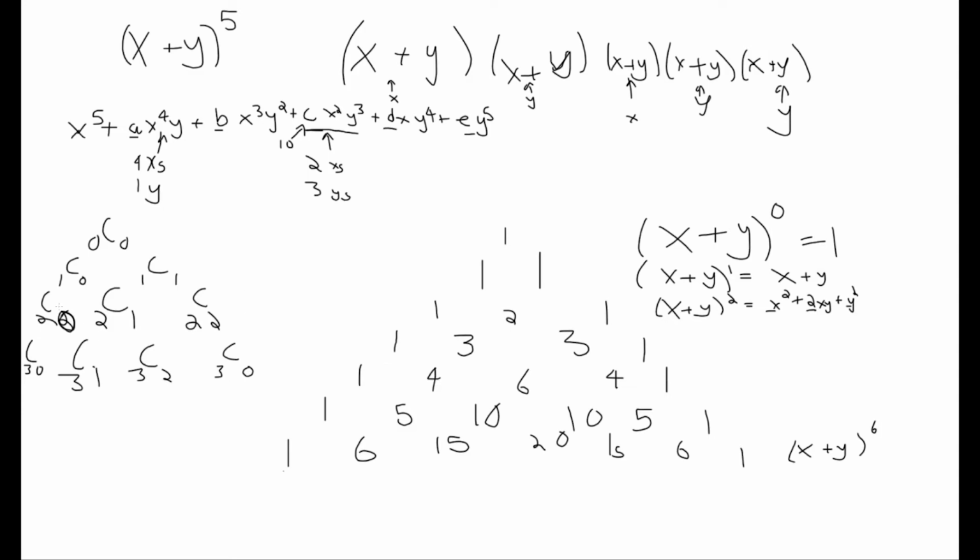So again, out of a 3 x plus y group, we're choosing 2 of those x plus y's to be y's. So the 3 choose 2 can be thought of as a coefficient for both x squared y as well as x y squared.